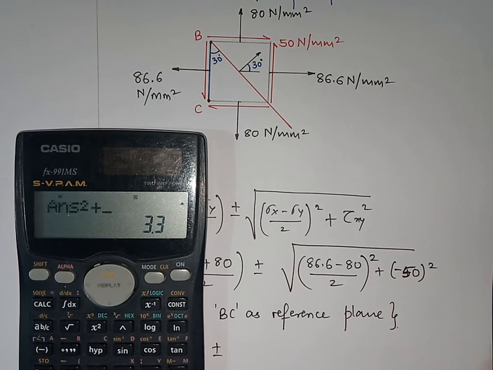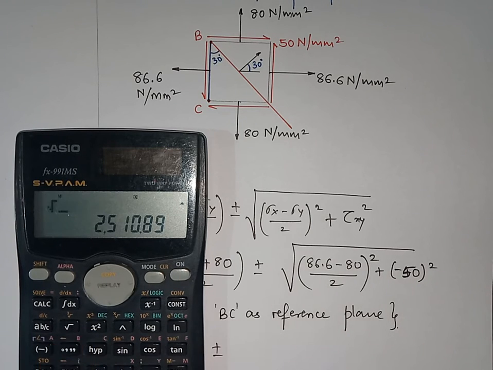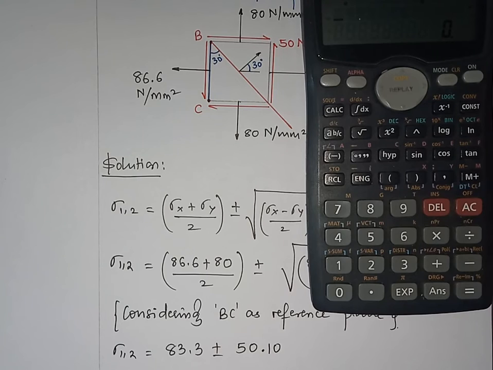Plus, square root of a negative number is always positive, so 50 square, and square root of the answer, so it is 50.10, right? So let me write sigma 1 and sigma 2. So sigma 1 is equal to and sigma 2 is equal to, right?